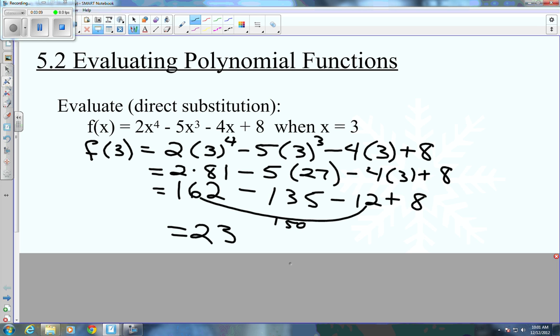Okay, so everybody knows how to do that, right? You've done that before lots of times. Make sure you follow your order of operations. Okay, that is the method called direct substitution of evaluating a function. We're going to look at another way to do it as well.